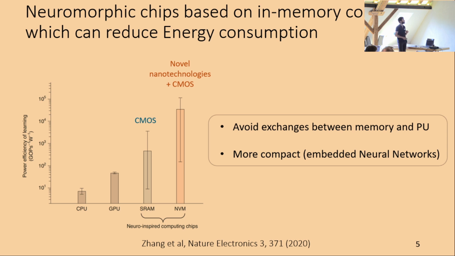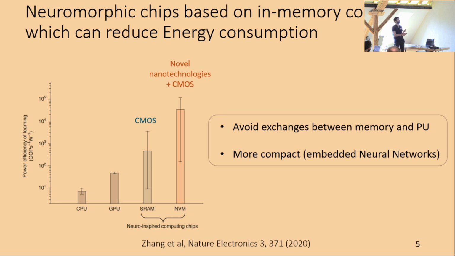Here is a simple comparison of the power efficiency during the learning phase. What you can see is that for classical hardware, the GPU has better power efficiency compared to the CPU. But if you consider neuro-inspired computing chips, also based on CMOS technology this time, you can increase this power efficiency.